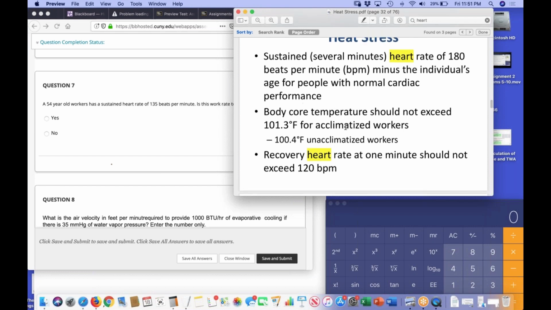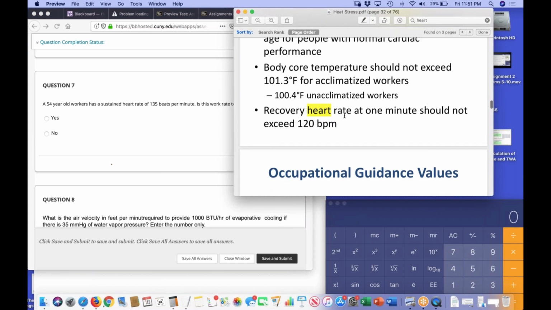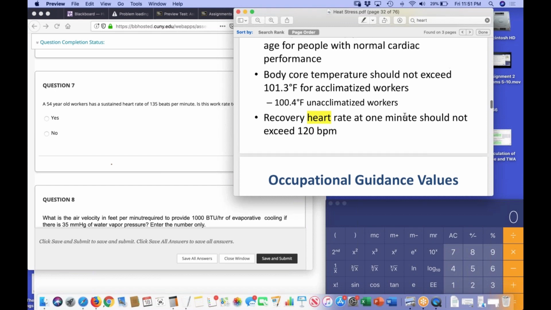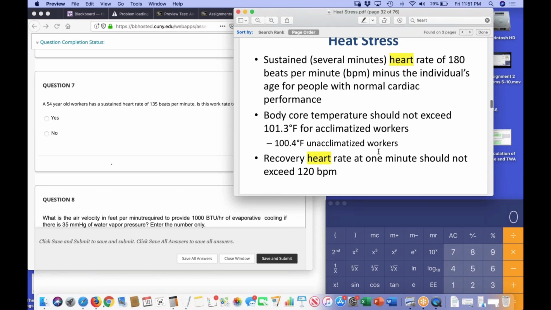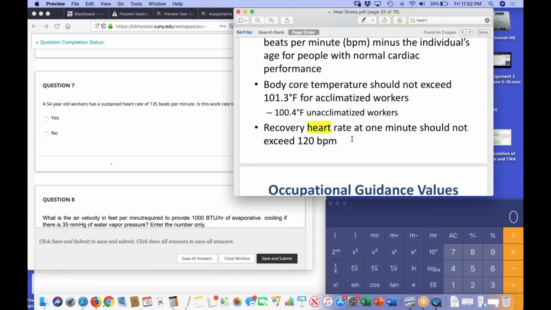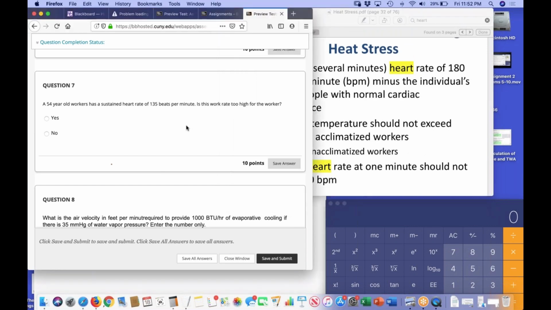Okay, we also have core body temperatures that we discussed, and recovery heart rate after 1 minute of rest, the heart rate should not exceed 120 beats per minute. So in other words, if you have an elevated heart rate and you're at rest, after 1 minute you should recover so that your heart rate is under 120 beats per minute if you're not being exposed to excessive heat stress. So in our case here, 135 beats per minute, we have 180 minus the age of the worker, who's 54.